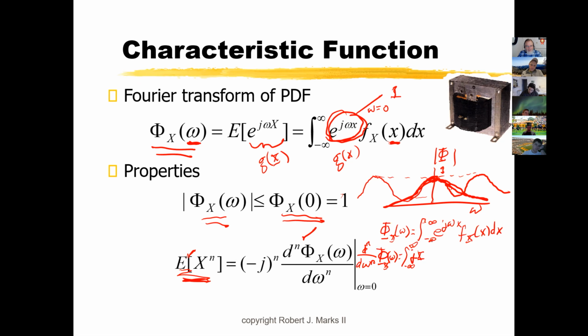I'm sorry, I made that a capital. I didn't mean to make that a capital. We're differentiating with respect to omega, so we get jx raised to the nth power, right? That's what we get when we differentiate. Does that make sense? Maybe I should do this another way.